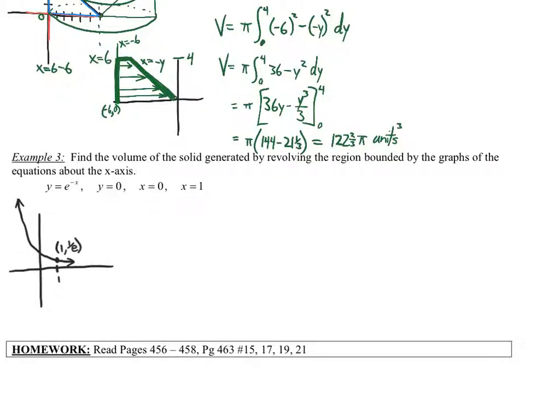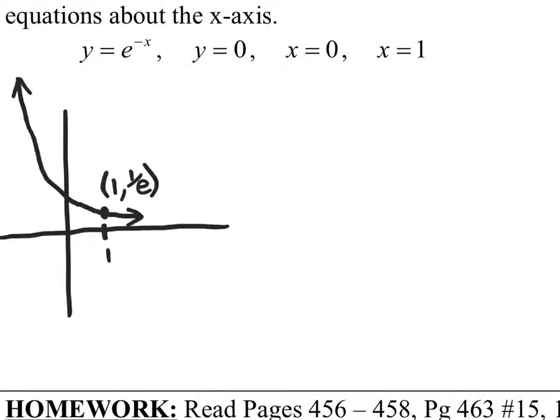So the object that we're dealing with is going to look like this. There's the profile, if you will. And then when we revolve that around, it's going to kind of look like a little volcano or a skirt.